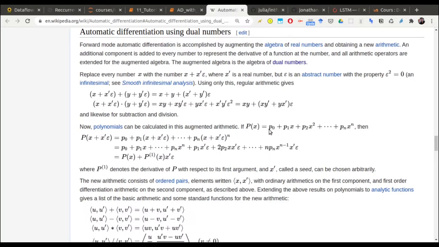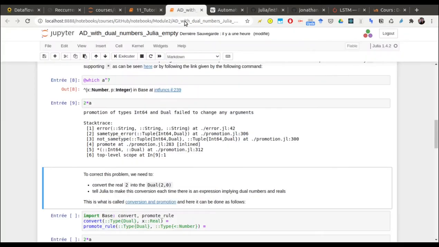A polynomial is just a bunch of coefficients, p0, p1, p2, etc., and taking powers of my x. So I already checked that Julia knows how to compute powers of dual numbers, but now I need to explain to Julia how to do this multiplication with a float, or a real number, times this dual.